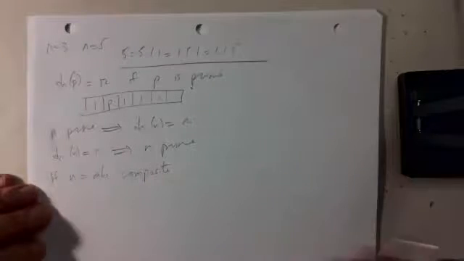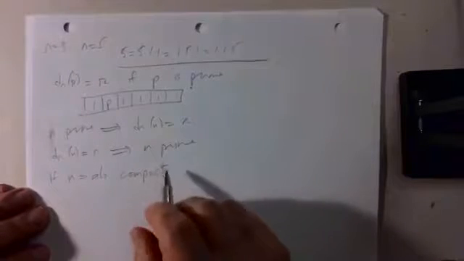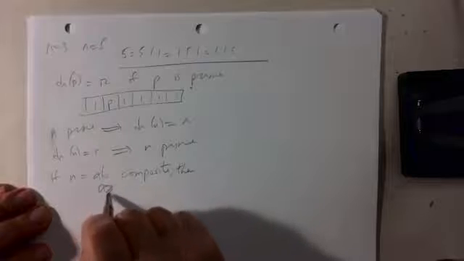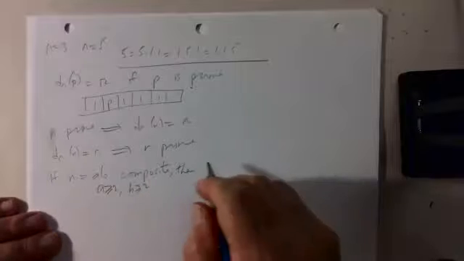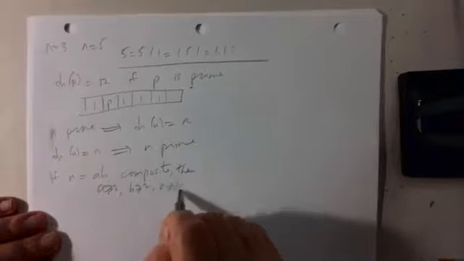So let me finish. If n equals a times b is composite, where a is at least 2 and b is at least 2, we have to distinguish two cases. In the first case, a is different from b.